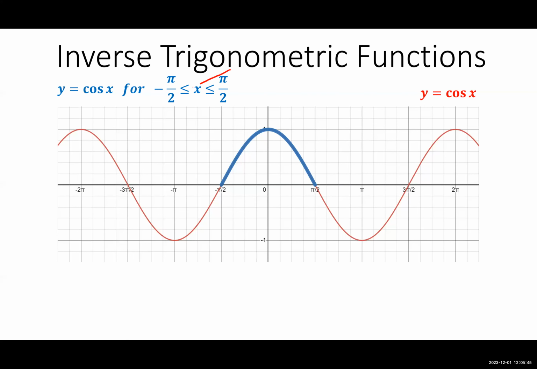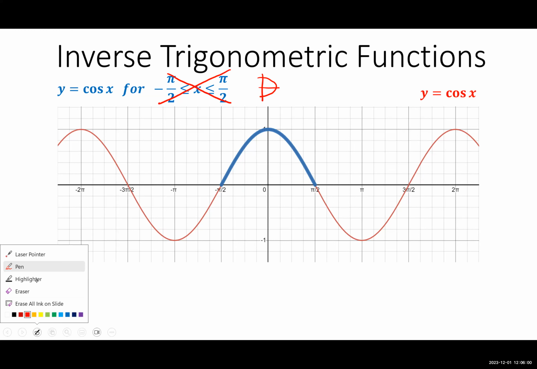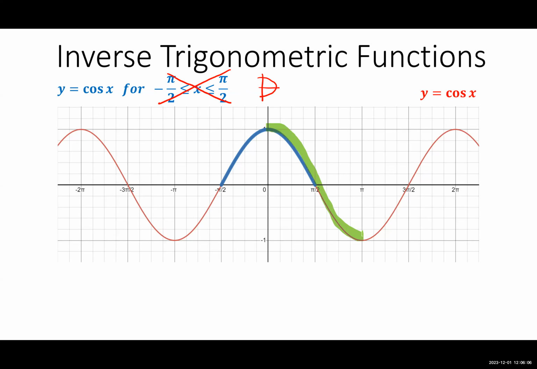So we're not going to do negative pi over 2 to pi over 2, which was the right half of the unit circle. But we could look at a different interval. What about this one that I just highlighted green?